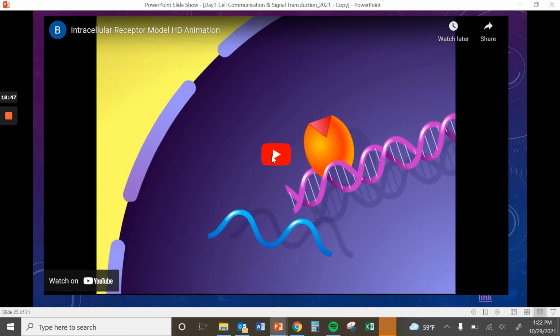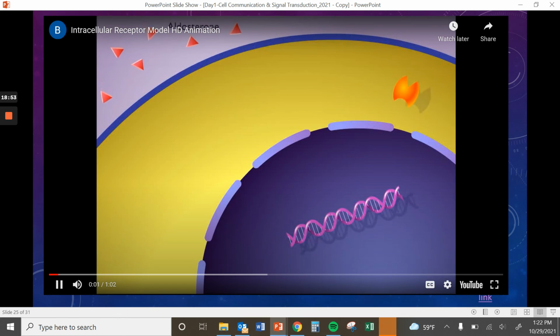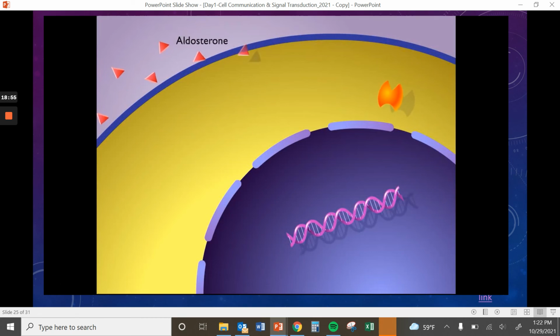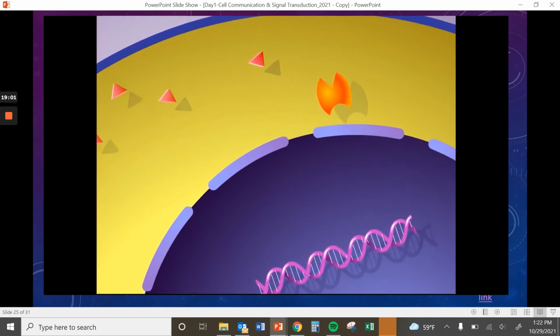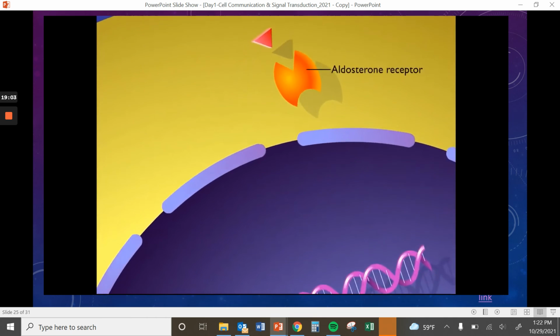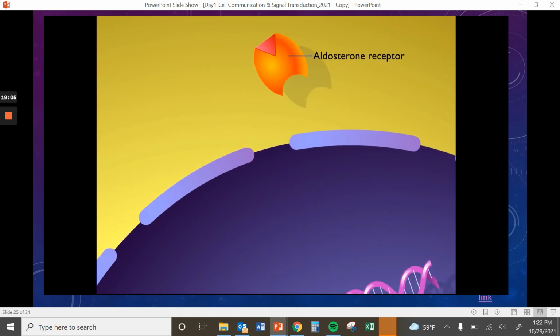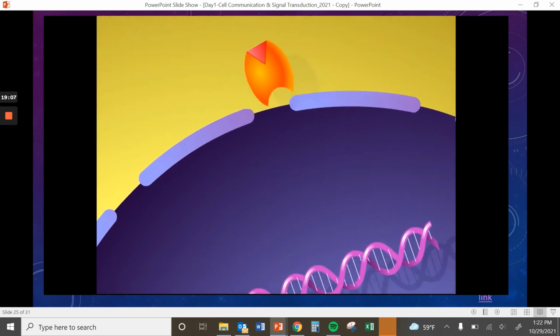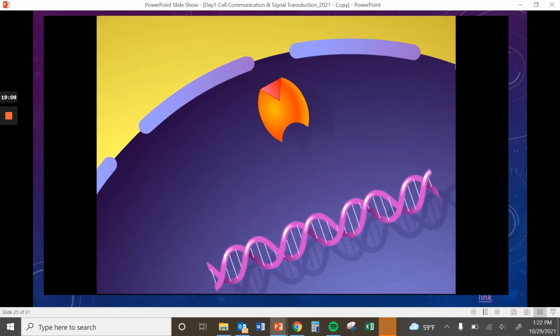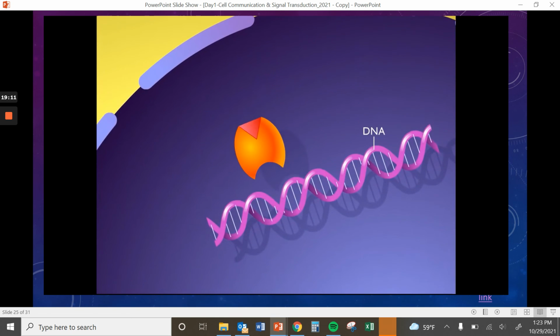Okay, this video has an example of this. Aldosterone is a lipid-soluble hormone that can easily diffuse through the plasma membrane. Inside the cell, aldosterone binds with an aldosterone receptor molecule in the cytoplasm. The aldosterone receptor complex moves into the nucleus and binds to DNA.